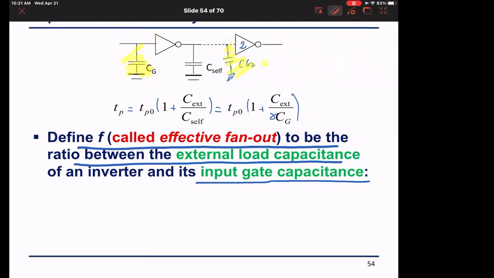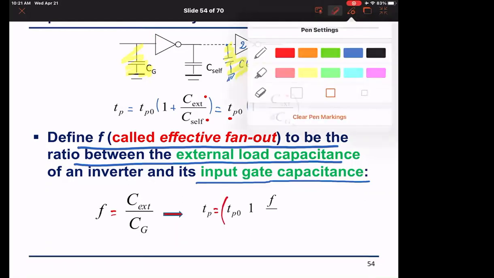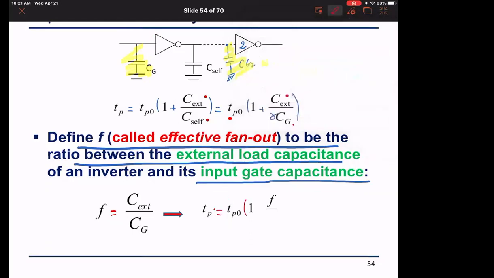We started with the delay equation TP0 into 1 plus C external over C self, which becomes TP0 into 1 plus C external over gamma CG. We defined F, which is C external over CG, so TP can be written as TP0 into 1 plus F over gamma.